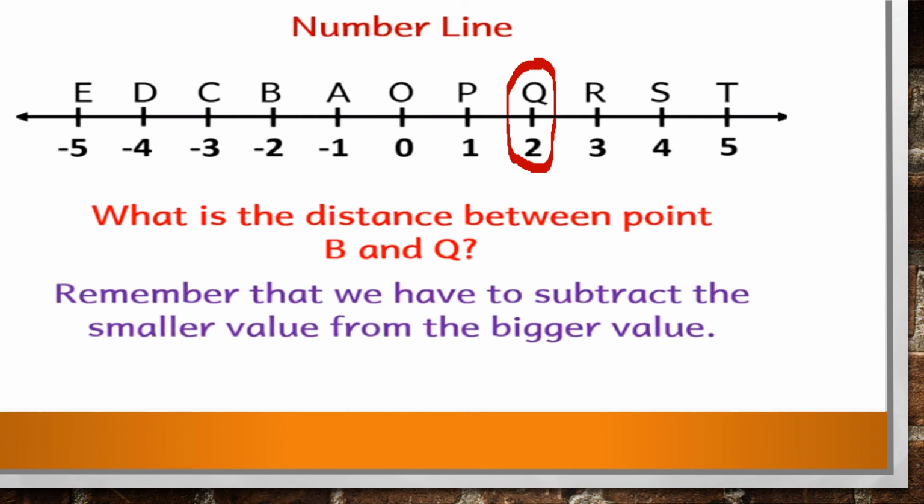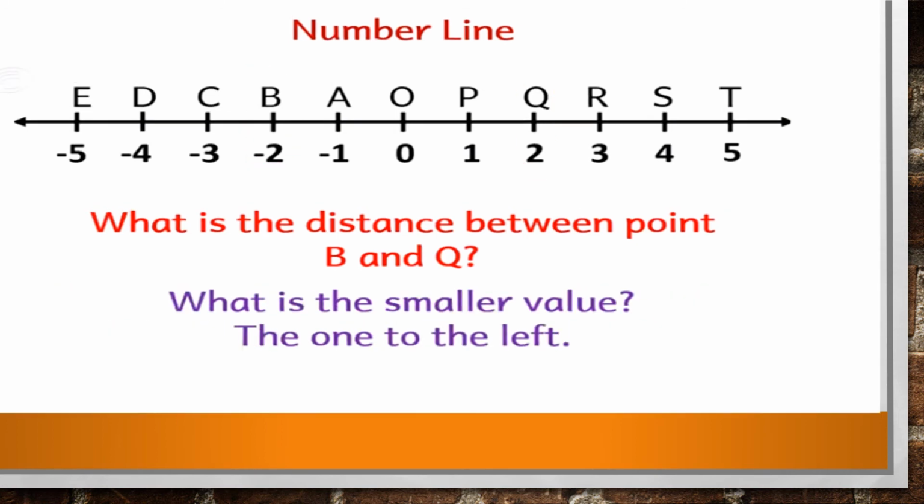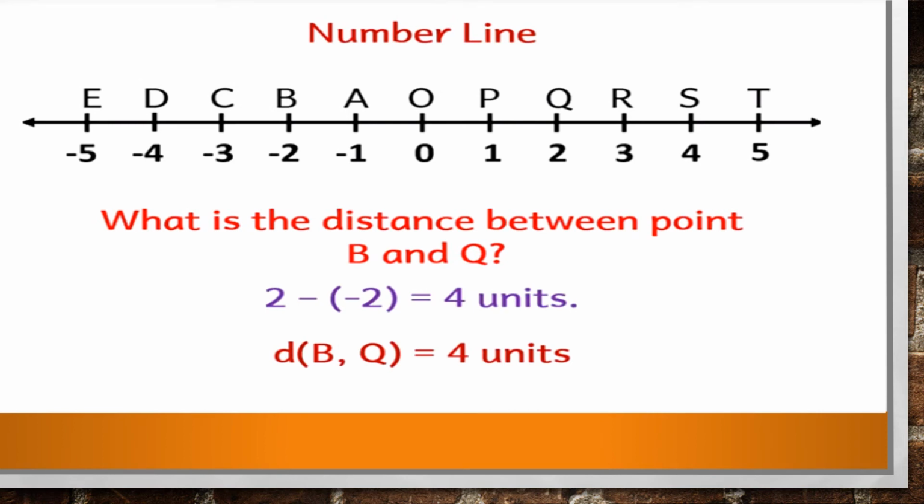Q is bigger and B is smaller because it is a negative number. So what is the smaller value? The one to the left. So what you will do is subtract. Q was 2 and B is -2. So you will write it down properly: 2 minus bracket -2, which will give you 4 units, because minus and minus here will add up.